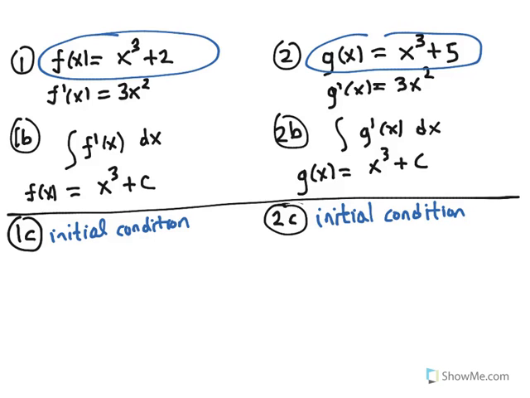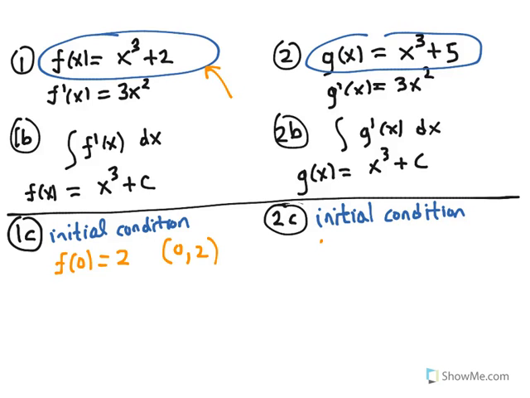So for example, if you look at the original function f for number 1, and you evaluate the function at x is equal to 0, then you're going to have 0 cubed plus 2. So this would be an initial condition. When x is 0, y is 2.